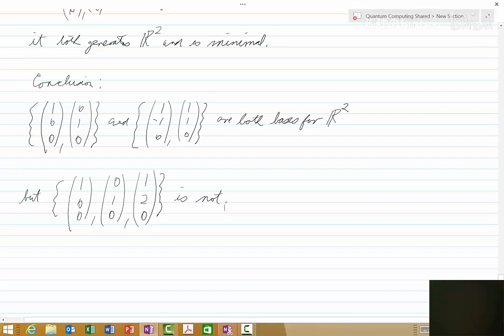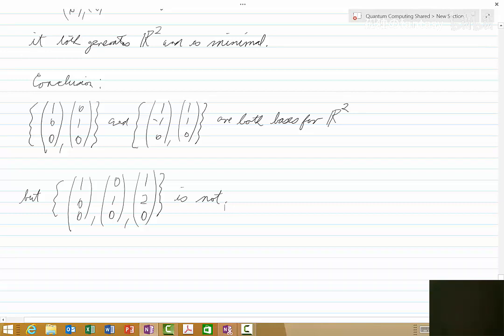And so what we would find out if we pursued this idea further, which I think is not really appropriate right now, but falls more into a linear algebra course, is that any basis for R2 would have two vectors in it.